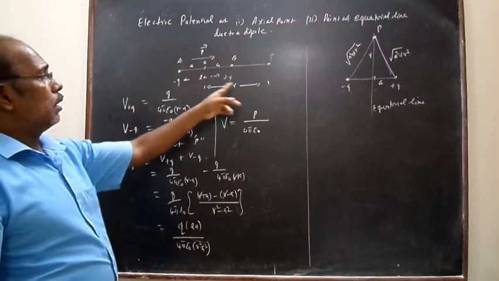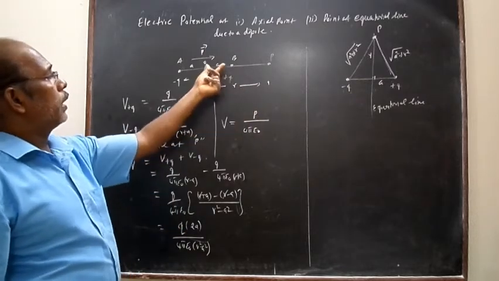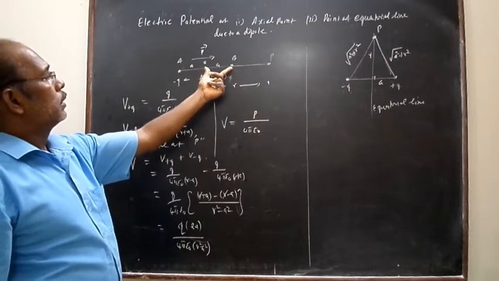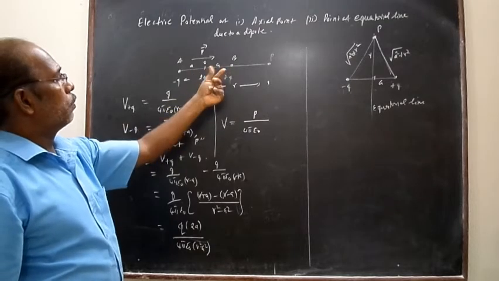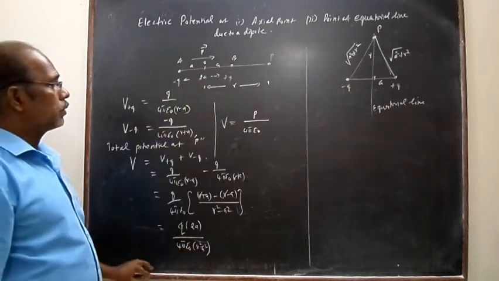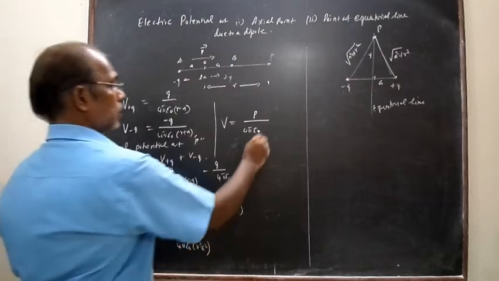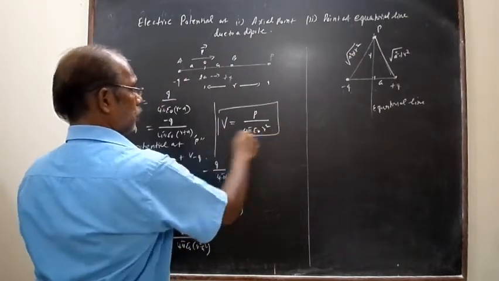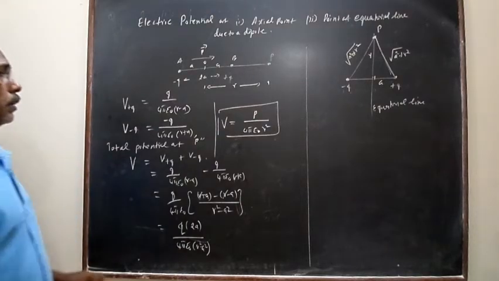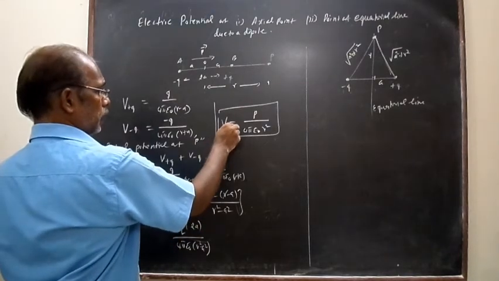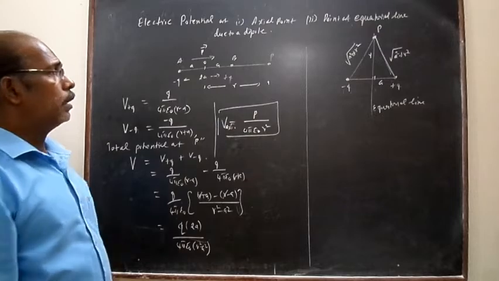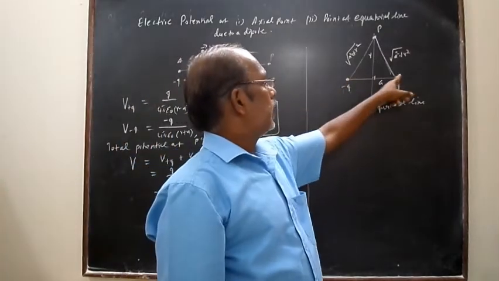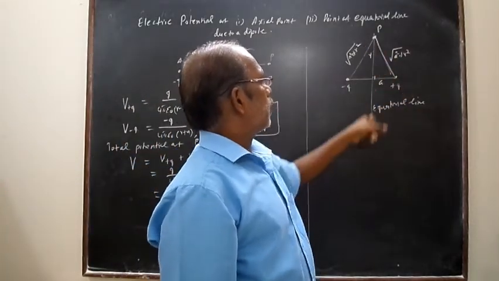The distance r is very large compared to the half length of the dipole a, so a square is negligibly small. Applying the approximation, r square alone, V equals p by 4 pi epsilon naught r square at an axial point. Now, for minus Q and plus Q, draw a perpendicular bisector.